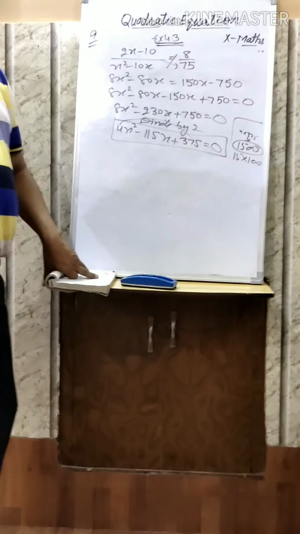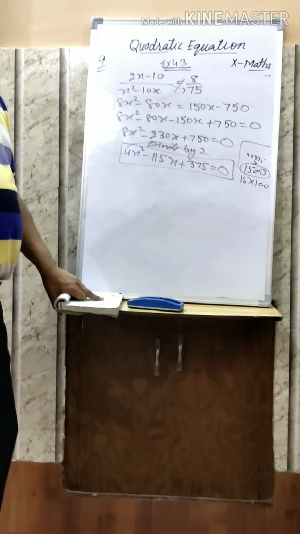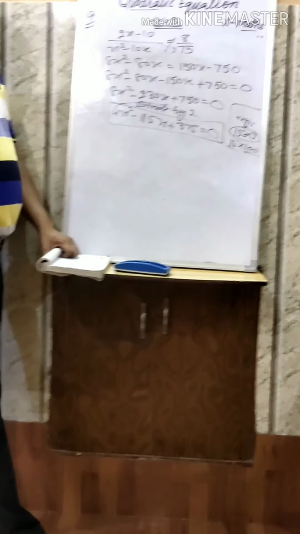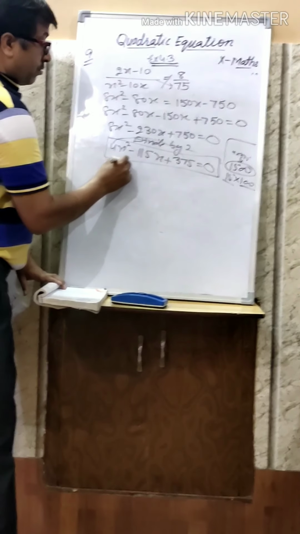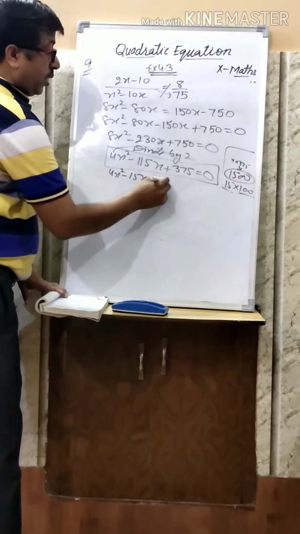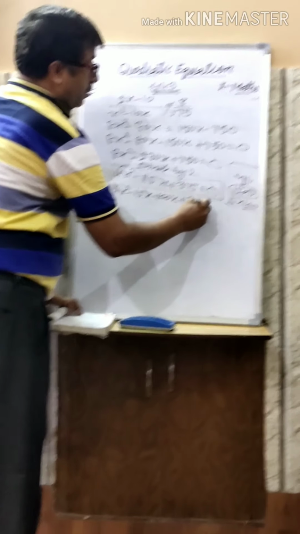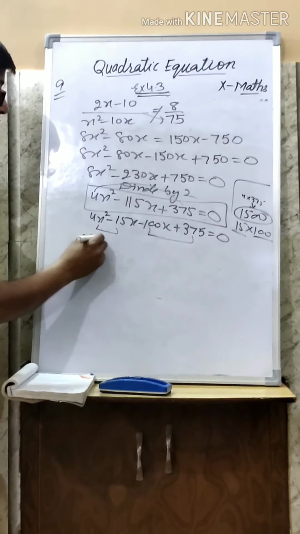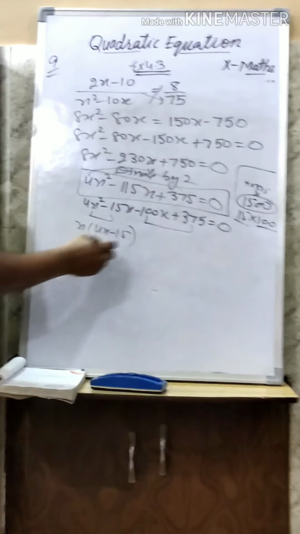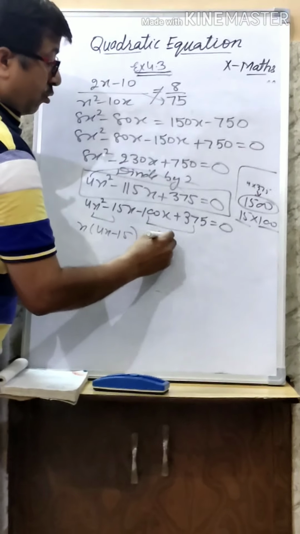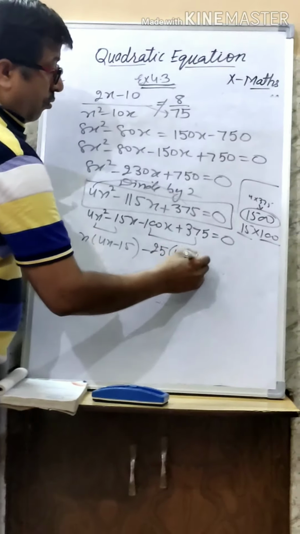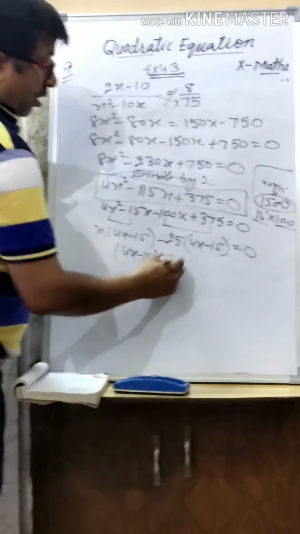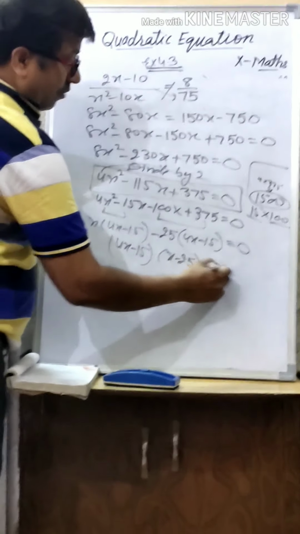So 4x square minus 15x minus 100x plus 375 is equal to 0. Take x common from the first two terms: x into 4x minus 15, minus 25 common: minus 25 into 4x minus 15. So 4x minus 15 into x minus 25 is equal to 0.